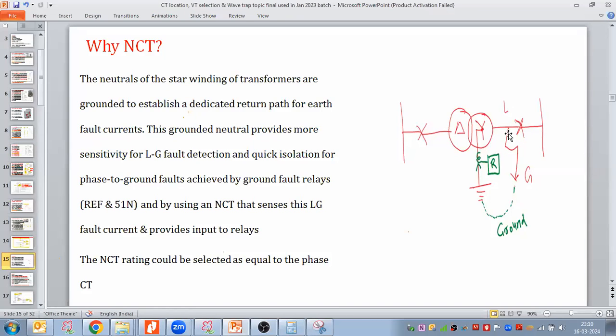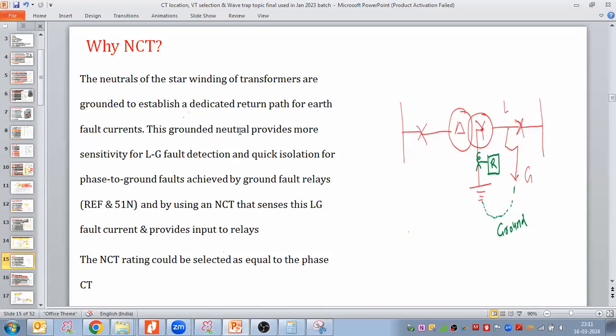In the case when any line to ground fault happens, this neutral point of the star provides a dedicated return path for the line to ground fault current, and fault current flows towards the source or towards the transformer. So the neutral of the star winding of the transformer is grounded to establish a dedicated return path for earth fault current or line to ground fault current.